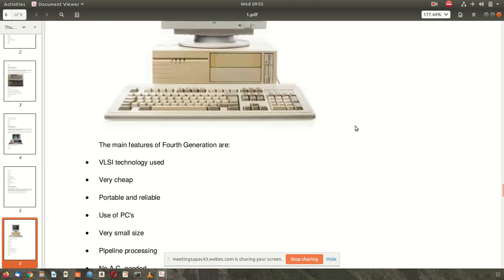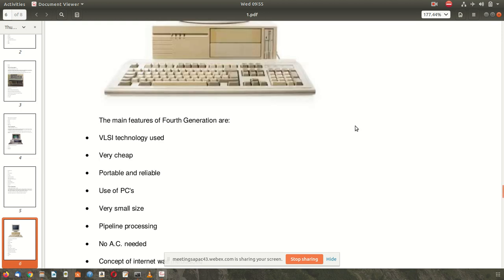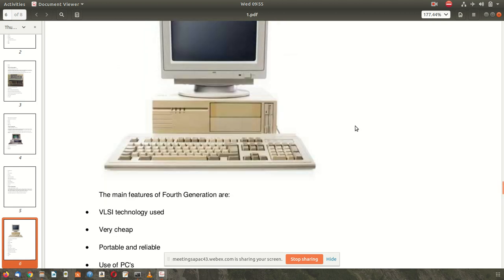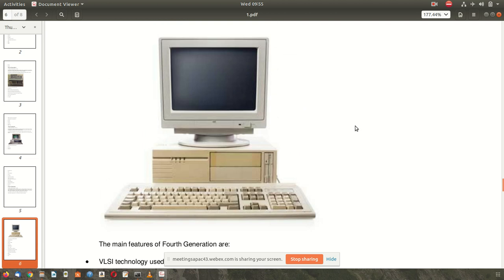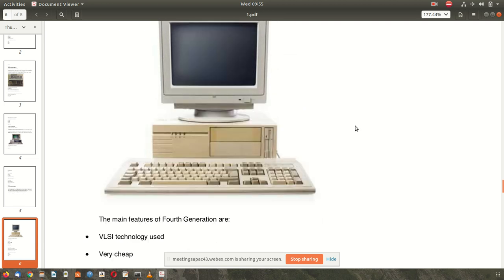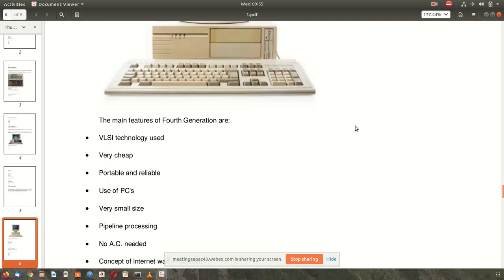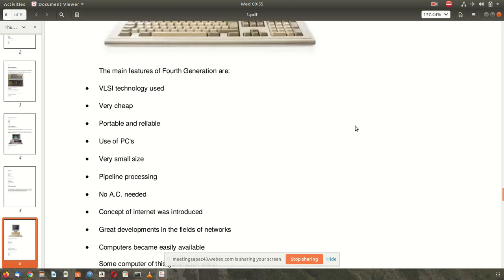So very quickly the computer became very cheap. It could be afforded by a normal person. Then it became portable and reliable. Portable and reliable means you can carry it from one place to another. It became smaller in size.